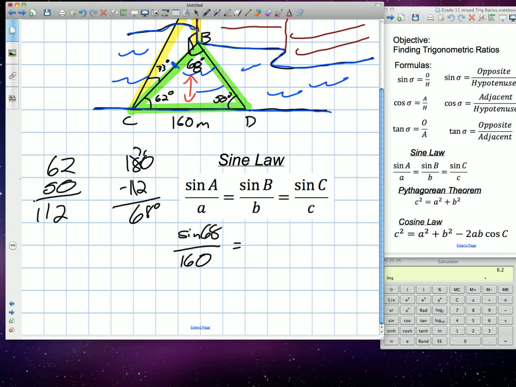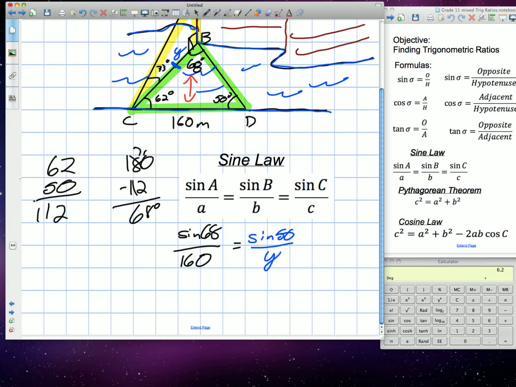So sine 50 divided by, and we're going to call this side B. Or, since the lettering is confusing, let's call it Y, so we don't get confused. Side Y. We're going to cross multiply. We're going to do everything in black from here on in. Now, I didn't complete sine C because it was irrelevant.